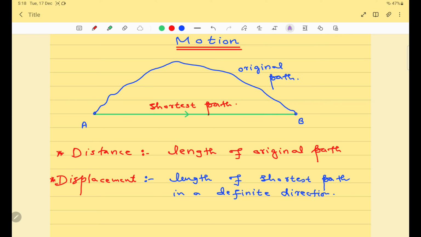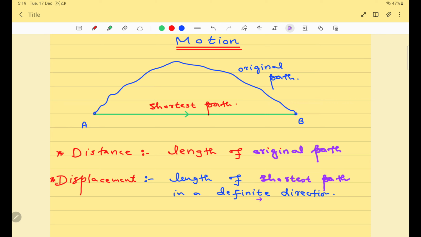Distance is the length of the original path. When you are driving your car, the length of the path which you are following is the distance. But if I ask you what is the shortest possible path, it is already a virtual path because you cannot drive along a shortest possible path. The length of this shortest path is called displacement.